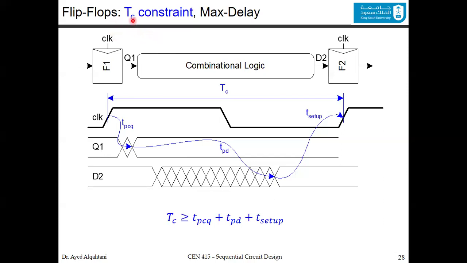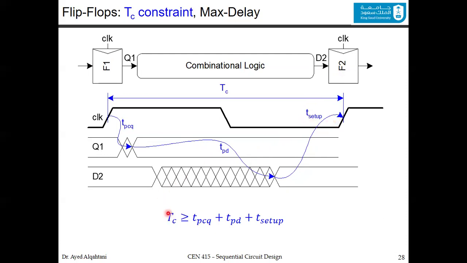We will see the cycle time constraint, or what we call the maximum delay. As you can see, if you have two flip-flops, the cycle time must cover all the timings within the circuit, which is the clock to Q, indicated by T_CQ, and also the time through the combinational logic, indicated by the T propagation delay, and the setup time of this second flip-flop, which is the T setup.